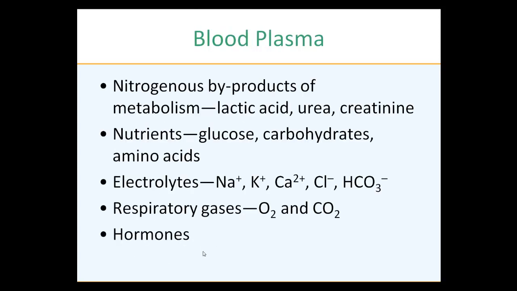So, other components of the blood plasma: nitrogenous byproducts, or nitrogenous waste. Lactic acid is not a nitrogenous product, but it's a waste product from anaerobic respiration, as we studied earlier on in our biology studies.